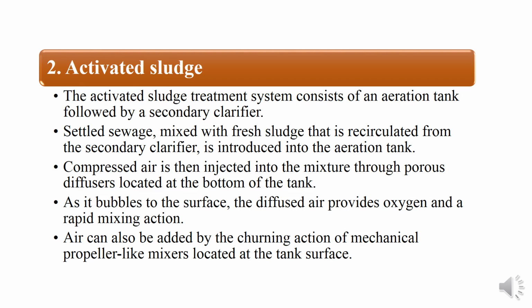Compressed air is then injected into the mixture through porous diffusers located at the bottom of the tank. As it bubbles to the surface, the diffused air provides oxygen and a rapid mixing action. Air can also be added by the churning action of mechanical propeller-like mixers located at the tank surface.